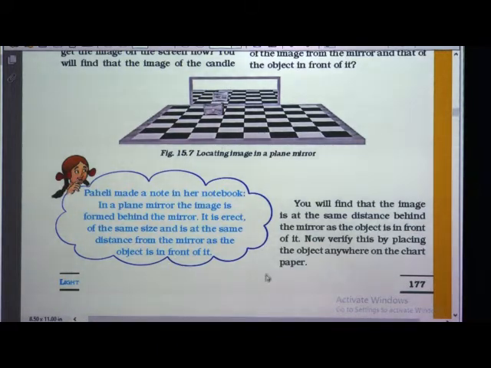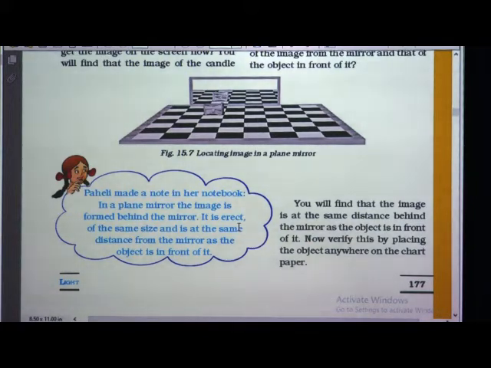Then it is erect. What does erect mean? It means it is not going to change its side. Whatever the position of that sharpener is, you will see the image in an upright direction, a standing position.